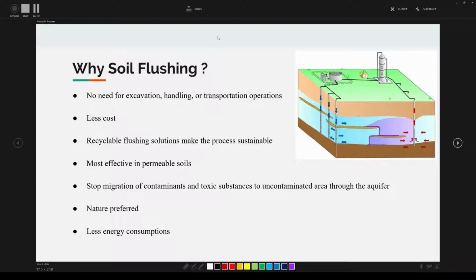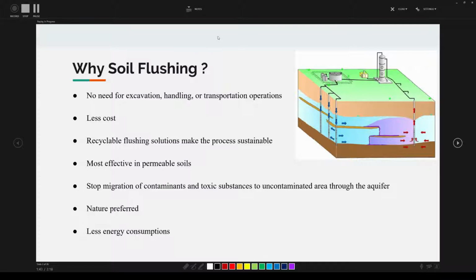But the more important thing we want to talk about in this slide is why soil flushing. There are a few bullet points here. The first one is that we don't need to do excavation, handling, and transportation operation for soil in in situ soil flushing, and it will have less cost, and the flushing solution can be easily recycled after the wastewater treatment system.